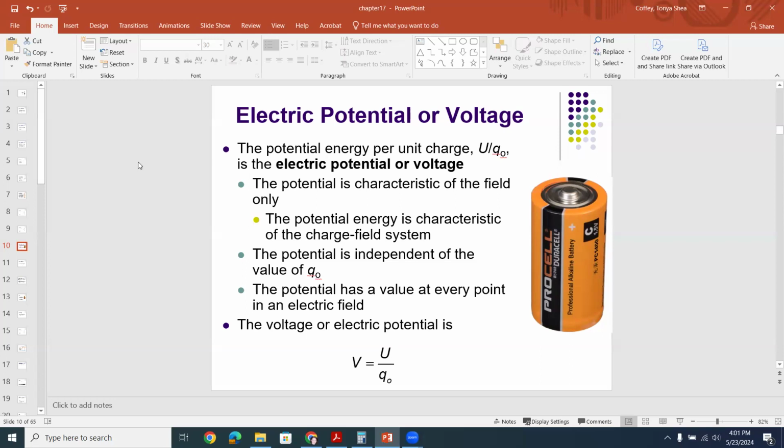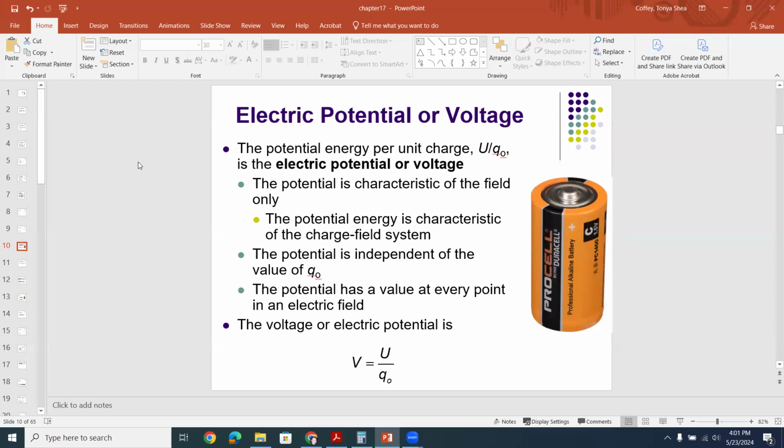So what we've done as physicists to get around that issue is to define what's called the electric potential, or the voltage. Now, I find the fact that we call electric potential a different thing than electric potential energy kind of confusing. So most of the time, I'm going to refer to it as voltage instead of electric potential, just so it's clear that I'm talking about something that's not an energy, okay?